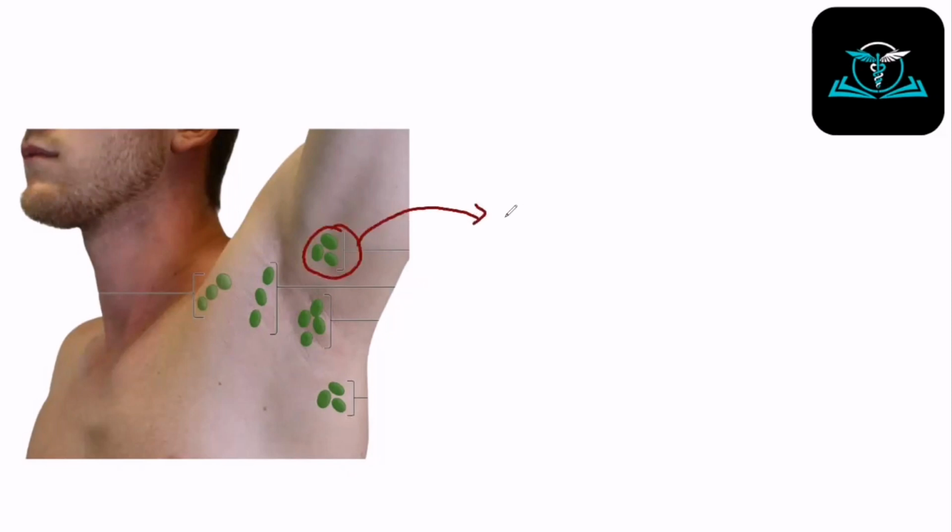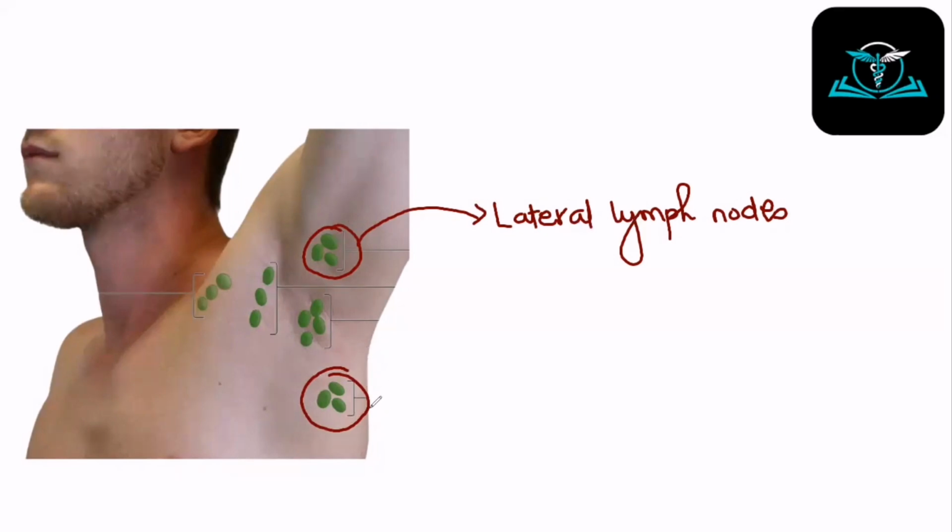That is the lateral group of lymph nodes. Lateral lymph nodes. Then we have this group, which is closely related to the latissimus dorsi muscle. This is the posterior lymph nodes.